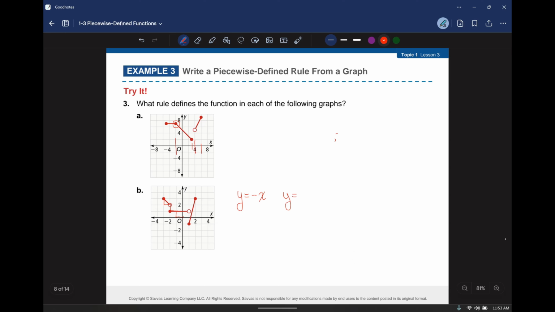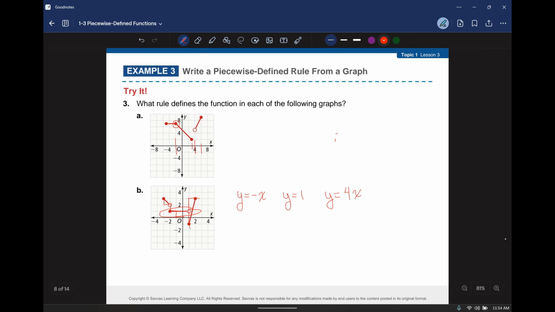All right, we're flat right here at 1 in the middle. So this is just y equals 1. And then my third piece is y equals, let's get our slope. We're going up 1, up 2, up 3, up 4, over 1. So 4 over 1, which is just 4x.